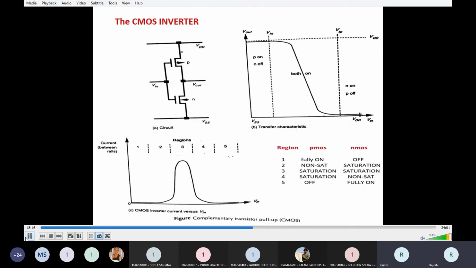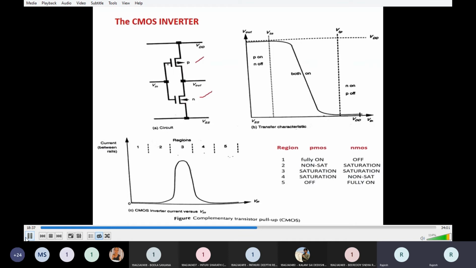Here, the depletion mode MOSFET is replaced by a PMOS transistor, and the pull-down network, that is the enhancement mode, is an NMOS transistor only. So the pull-up network is PMOS, and the pull-down network is NMOS.